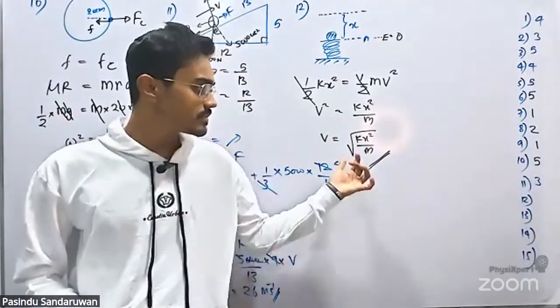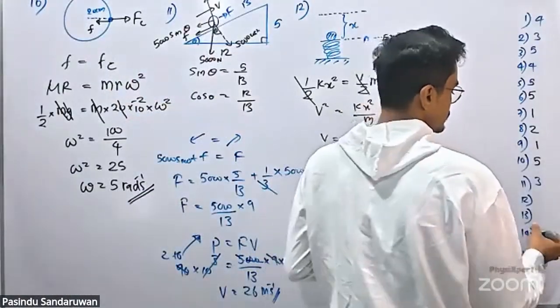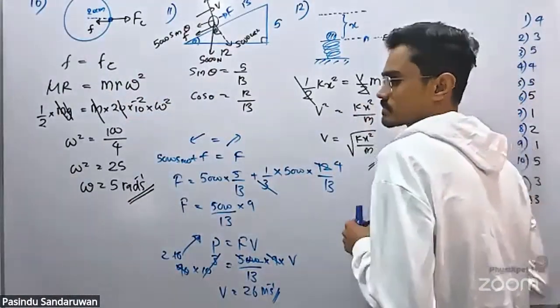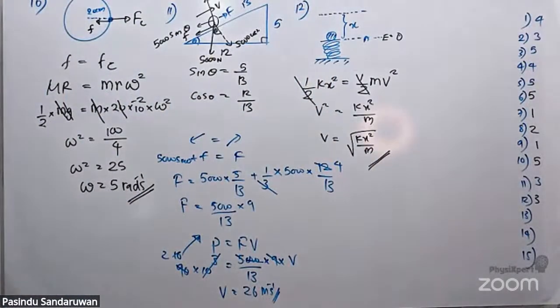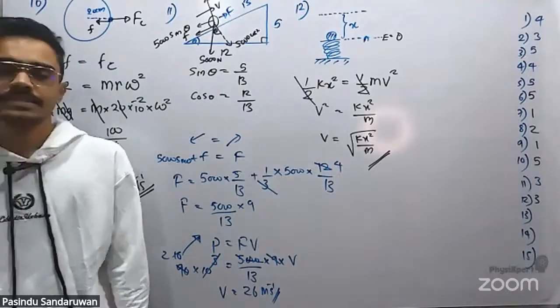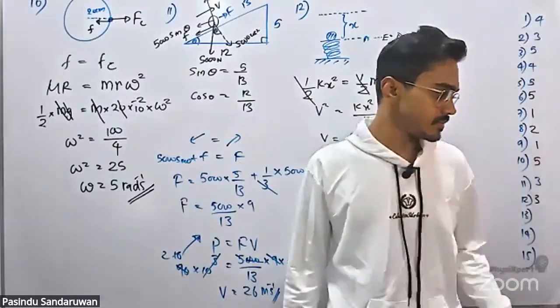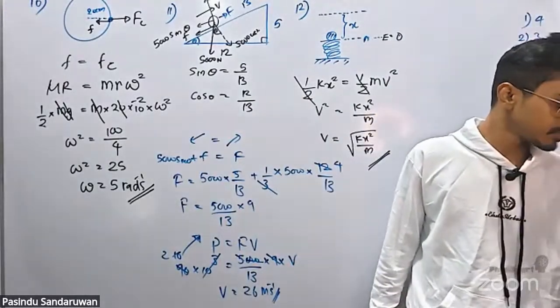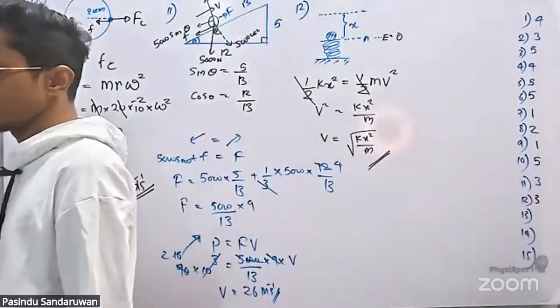Root kx squared over m is given. Answer 3. For 12, answer 3.